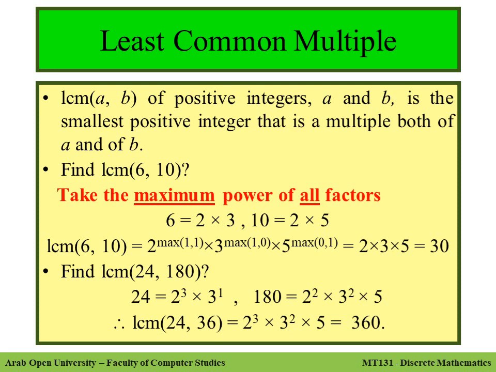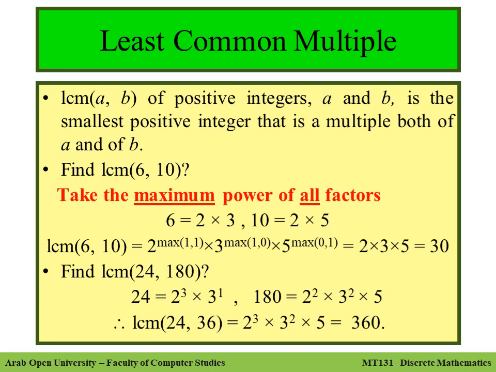For example, we want to find the least common multiple of 6 and 10. Here, using prime factorization, take the maximum power, this time of all factors, not just the common factors. For any factor, take the maximum power for all factors and multiply them by each other.